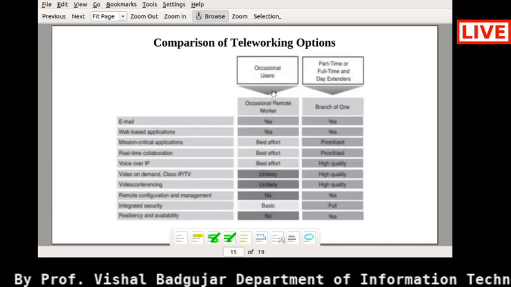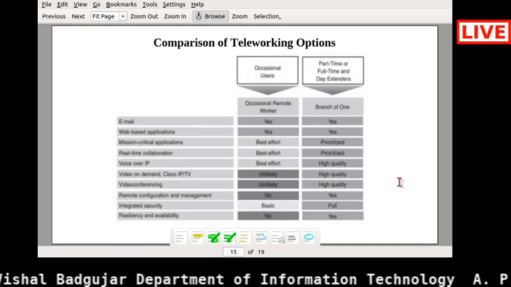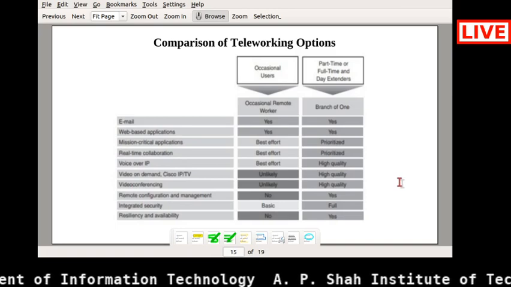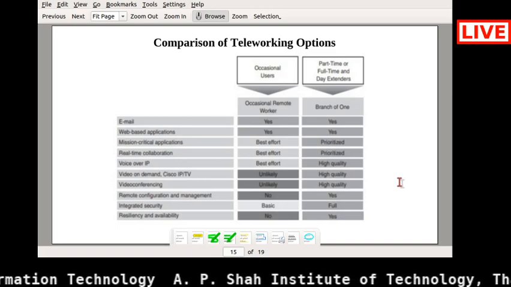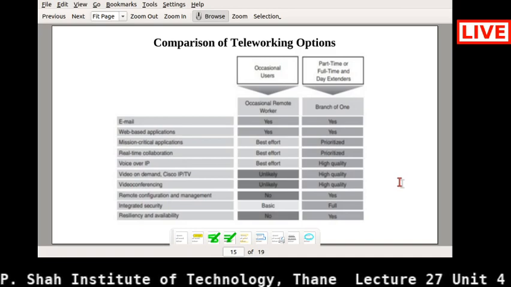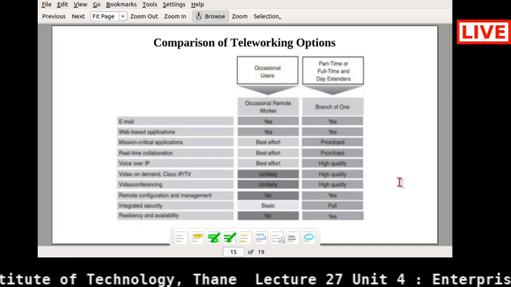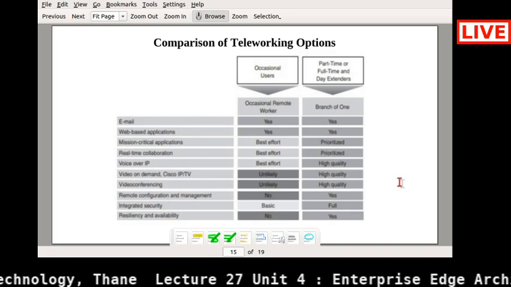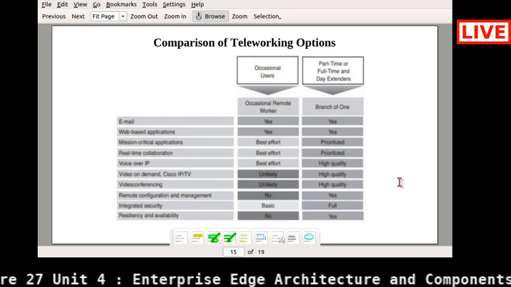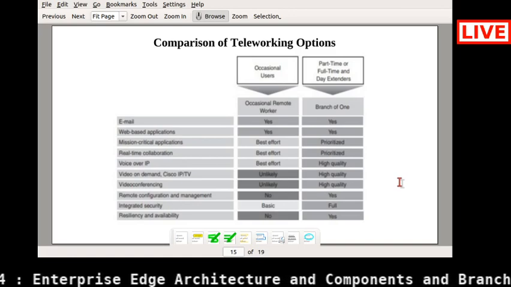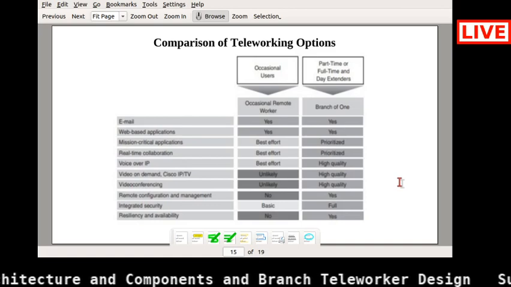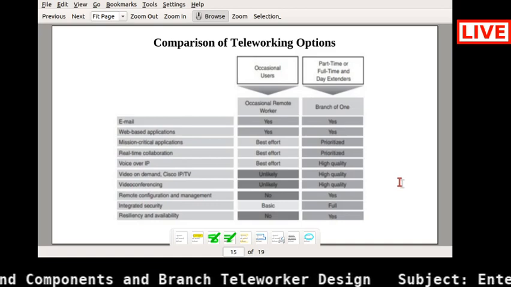And then I have some different comparisons of the teleworking options, right? But before that we must understand what we mean by teleworker, right? Whatever organization or enterprise it is, they are always looking to reduce cost, improve employee productivity, and retain their valued employees and valued customers also, right?